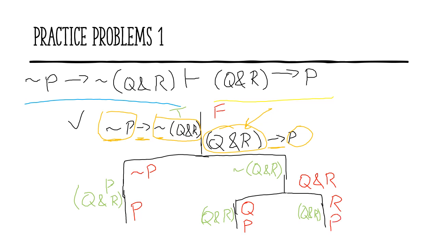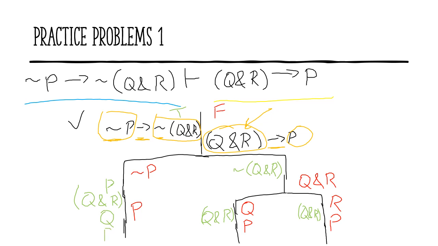So let's go ahead and finish these out. We're going to have to stretch these lines just a little bit further. Hope that I've got enough room. Because the last thing we have to break apart is this Q and R. So what makes a Q and R true? What makes an ampersand true is wherever both sides of the ampersand are true.